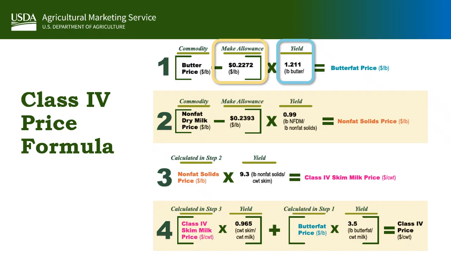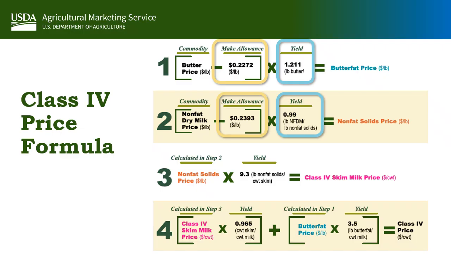Take the non-fat dry milk price, minus the recently updated make allowance for non-fat dry milk, which is 23.93 cents. That's the manufacturing cost to produce 1 pound of non-fat dry milk. Then multiply by the yield factor of 0.99 to find the non-fat solids price.